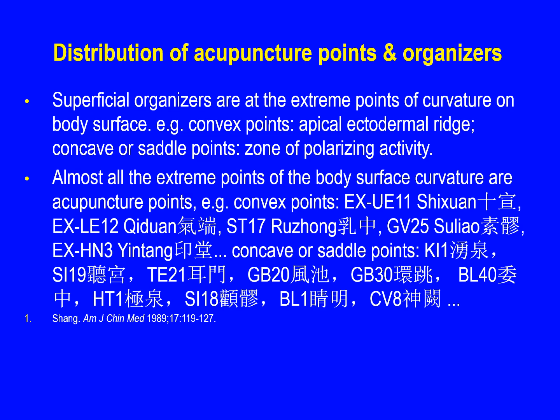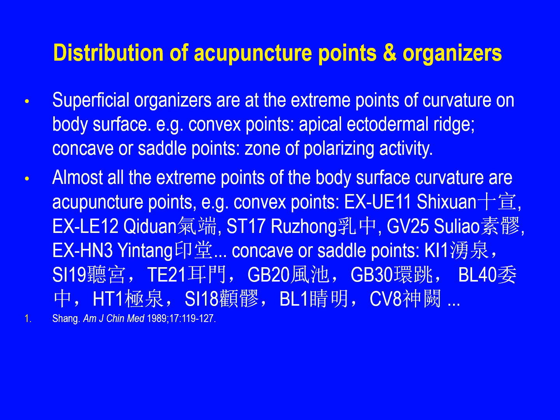Almost all the extreme points of the body surface curvature are also acupuncture points. Examples of convex points are the fingertips, the tips of the toes, the tip of the nipple, the tip of the nose, that is GV25.